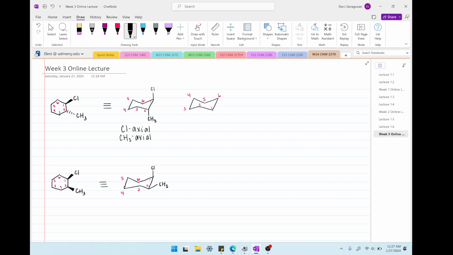So on carbon number 1, the bond that's pointing up is an equatorial bond. Then on carbon 2, we have a methyl pointing down. On carbon 2, the bond pointing down is also an equatorial bond. So in this second structure, we have chlorine equatorial and methyl equatorial.